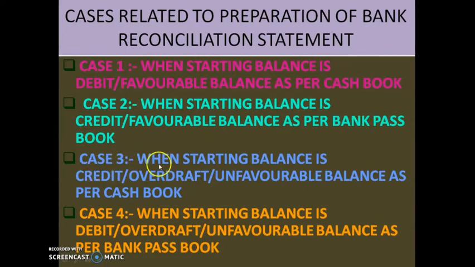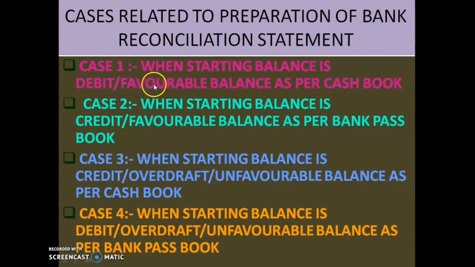Case 3 is when starting balance is credit or overdraft, otherwise unfavorable balance as per cash book. The usage of different terms can be there in your problem. And the fourth case is when starting balance is debit, overdraft, unfavorable balance as per bank passbook.